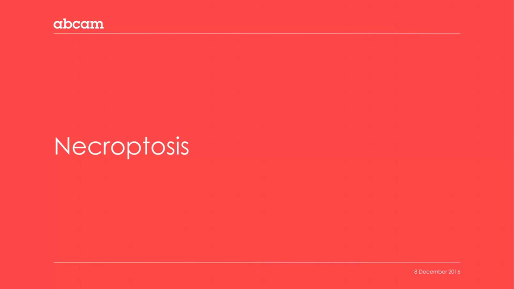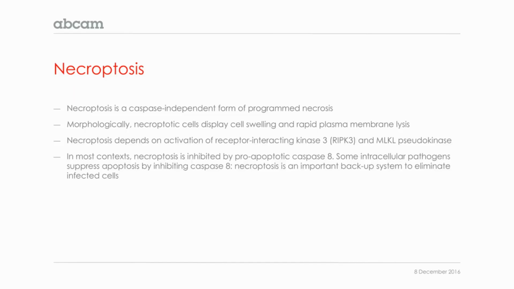So let's talk about necroptosis first. Necroptosis is a caspase-independent form of programmed necrosis. Morphologically, necroptotic cells look like necrotic cells. The most defining feature of necroptosis is the activation of the RIP kinases, specifically RIP kinase 3, and the pseudokinase MLKL. Necroptosis is inhibited by caspase-8.